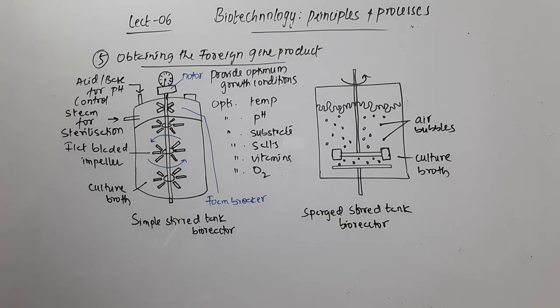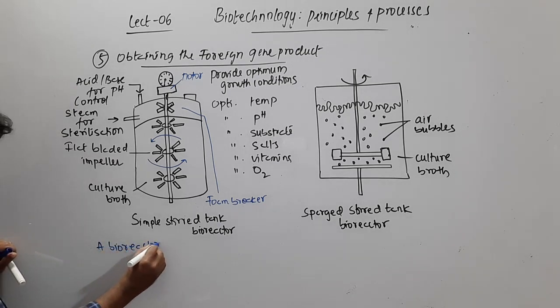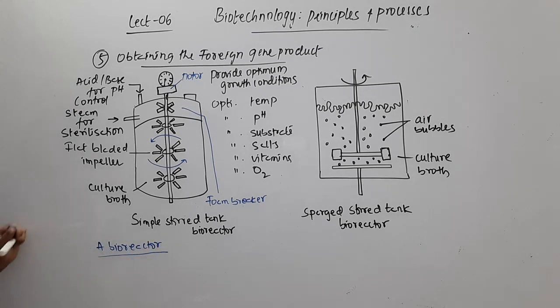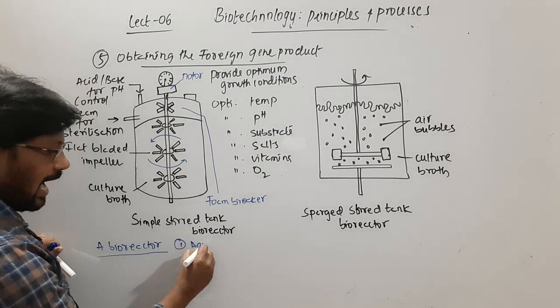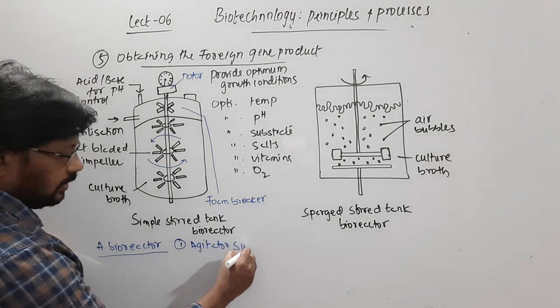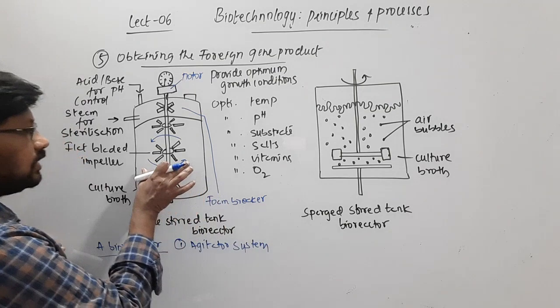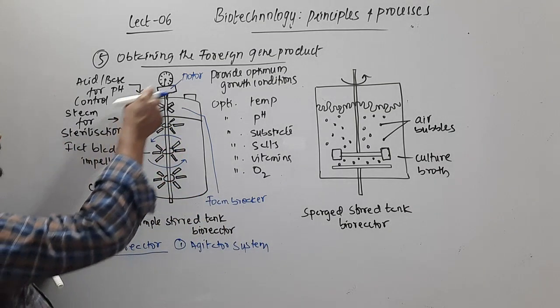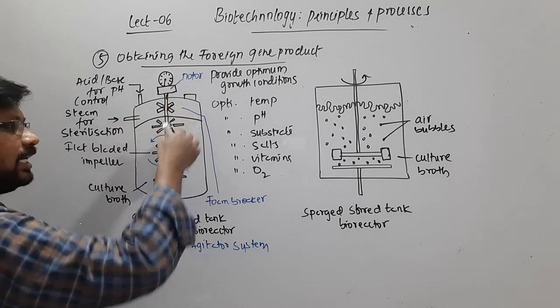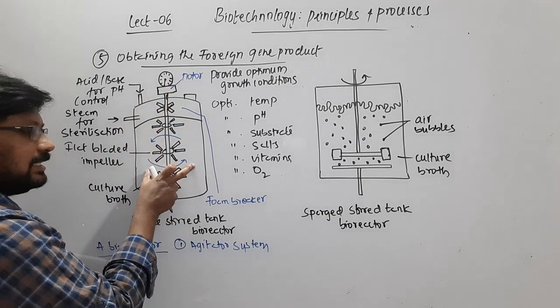Any of these bioreactors have something called an agitator system. The flat bladed impeller connected to the motor rotates and mixes the contents inside.